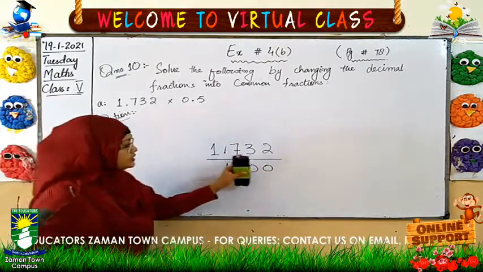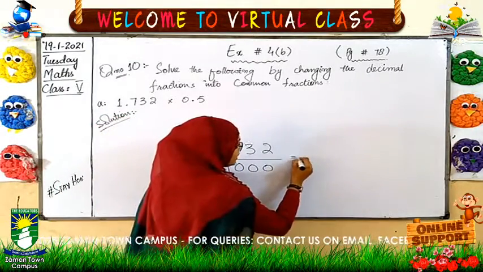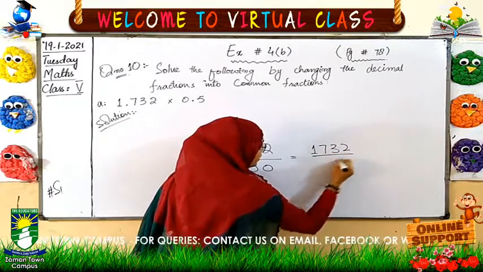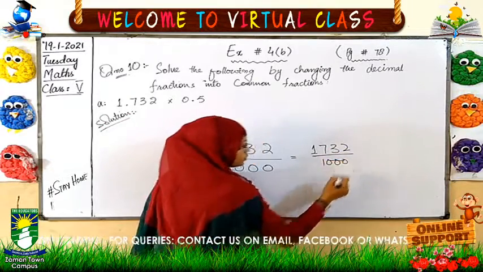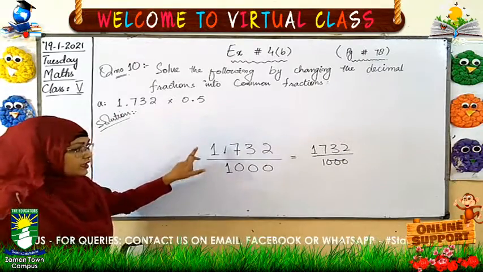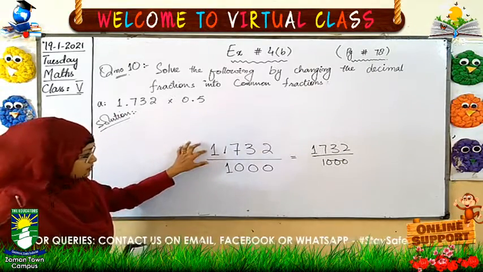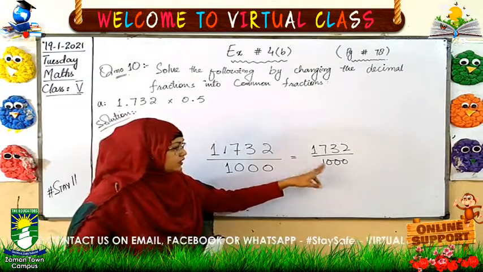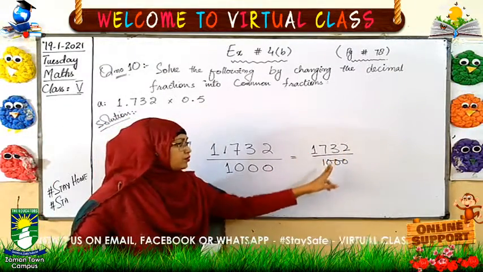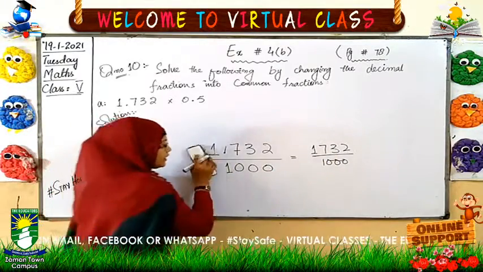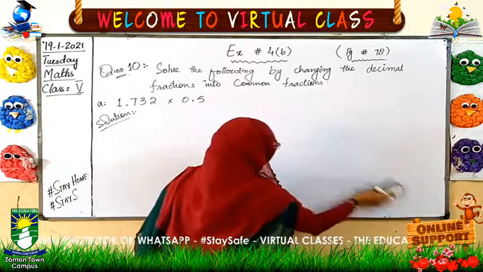So 1.732 will convert into 1732 upon 1000. This is the way we have studied to convert a decimal into a common fraction.